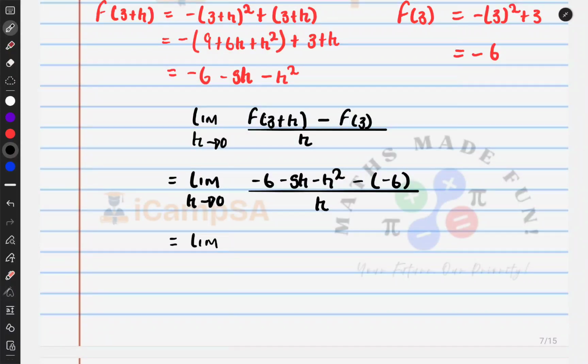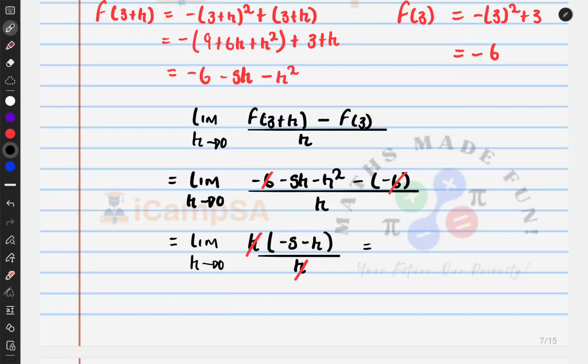Therefore we're going to have the limit as h approaches 0, where negative 6 plus 6 will cancel, and we're left with negative 5h and negative h squared. Let's take out an h as a common factor, so we're going to have h times negative 5 minus h over h, and then the h in the denominator and the numerator will cancel.